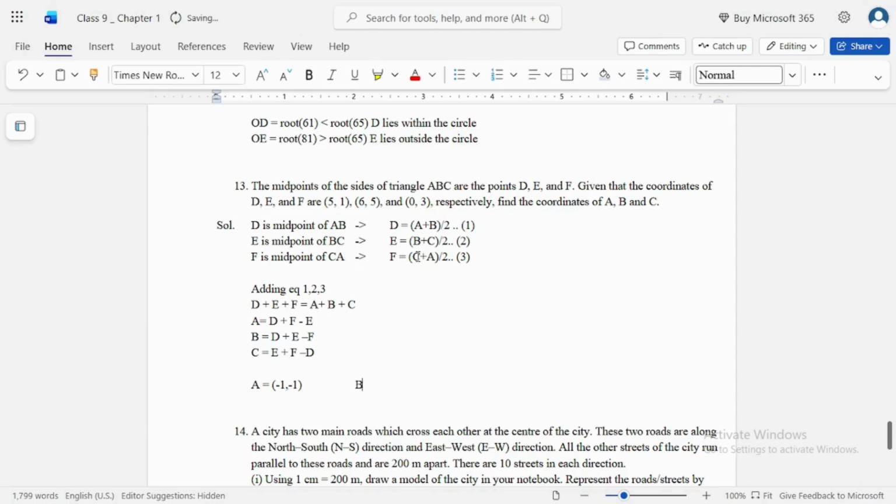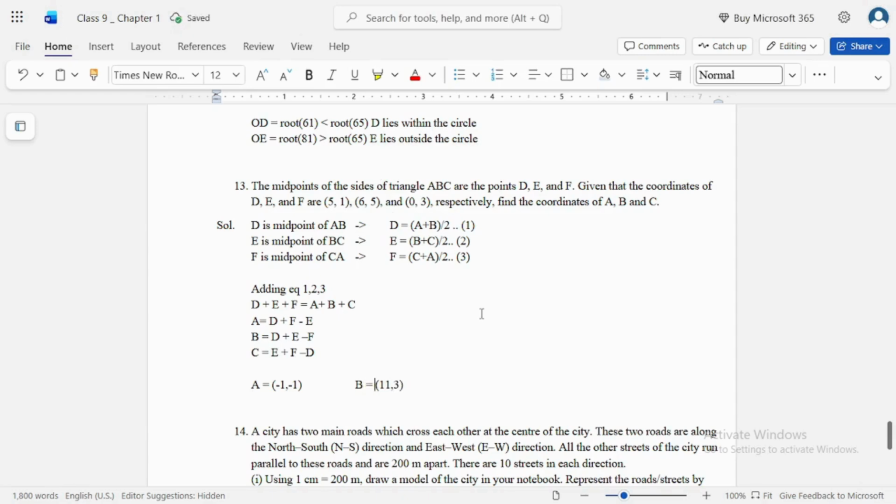Okay, now point B, this will be D plus E minus F. So 5 plus 6, 11 minus 0, which is 11, and 1 plus 5, 6 minus 3, which is 3.